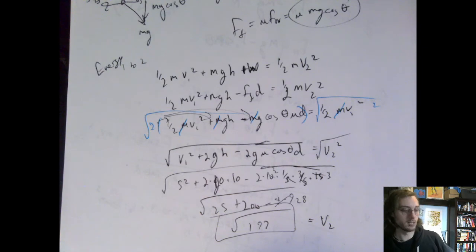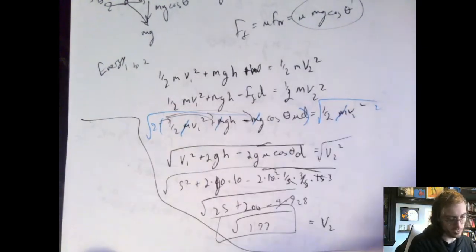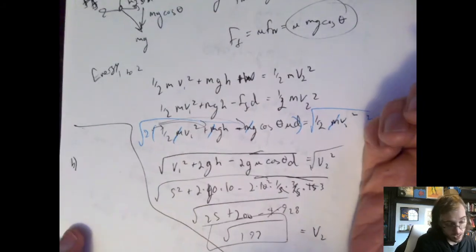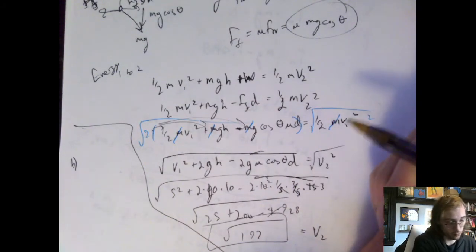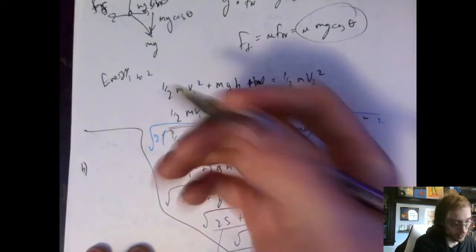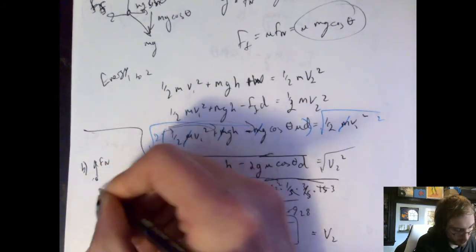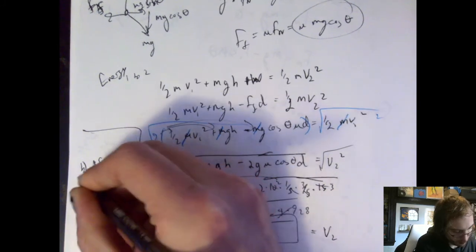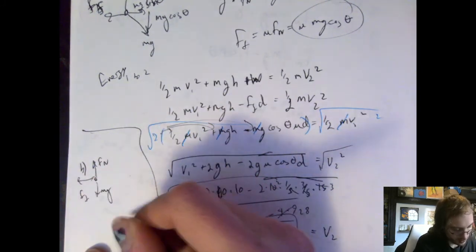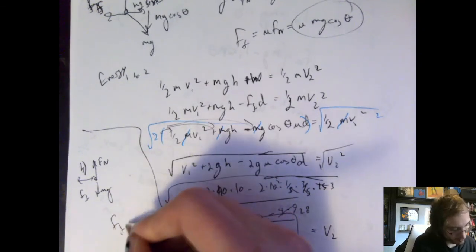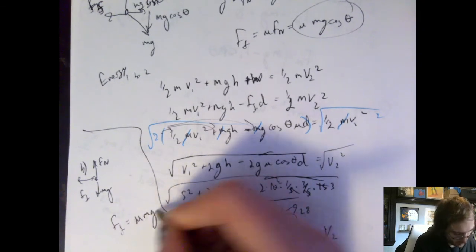From there, to get our answer for B, all we really have to do is take our coefficient of friction when it's not at an angle, which in this case will be just that it's Fn going up, mg going down, force of friction going backwards, so it's actually a little bit easier. These two will balance, which means that our normal force will be mg, which means that our force of friction will just be mu mg.